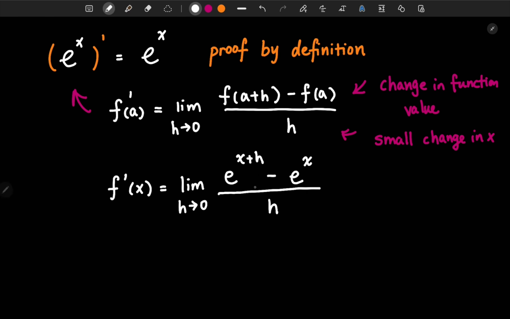So again, on the top part, we have the change in function value, and on the bottom we have h, which stands for a small change in x. And to simplify this, we would use the equation that e to the x plus h is equal to e to the x times e to the h.